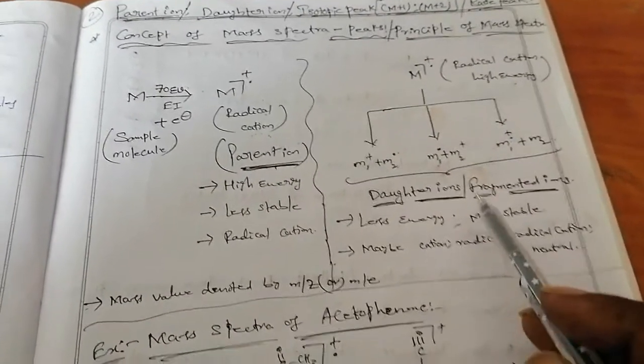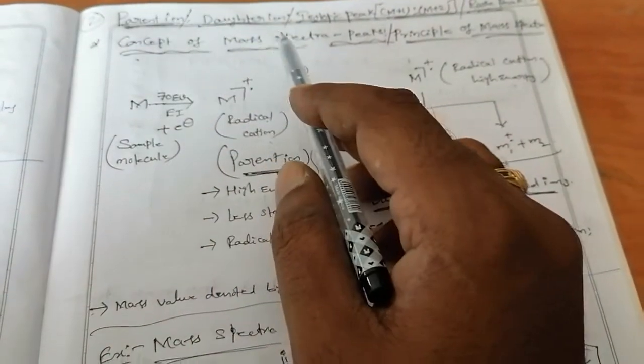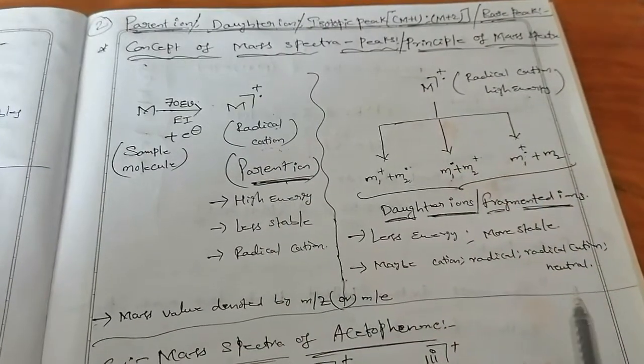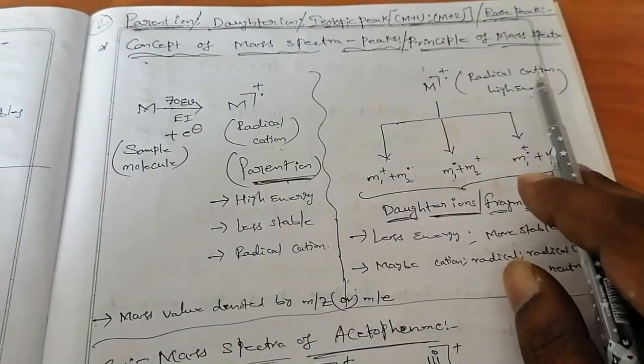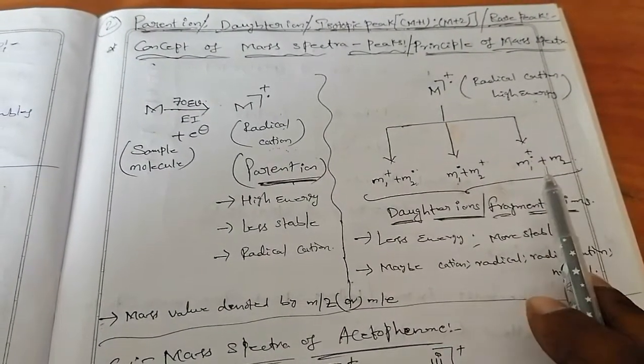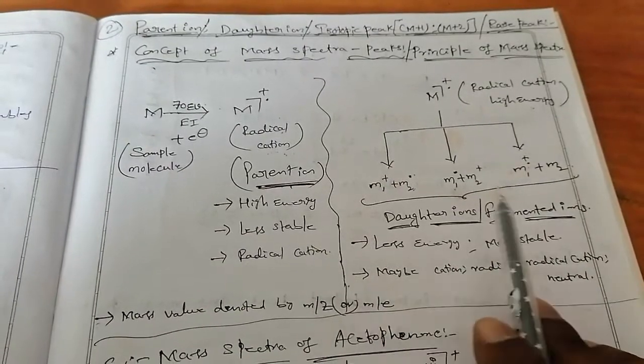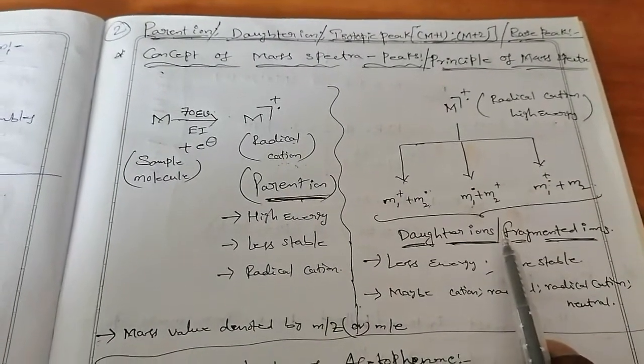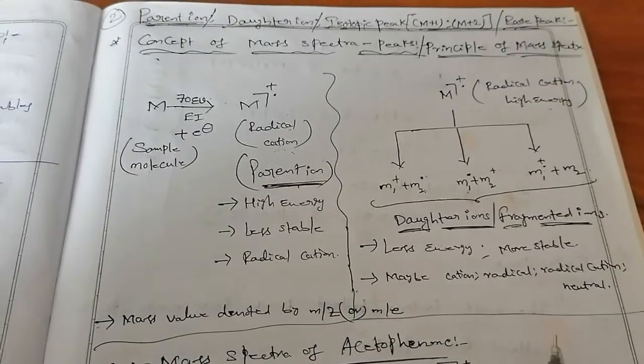This is one topic, about parent ion and daughter ion, and sometimes in the exam they will ask you to explain the principle of mass spectra, or to explain the differences between parent ion and daughter ion.